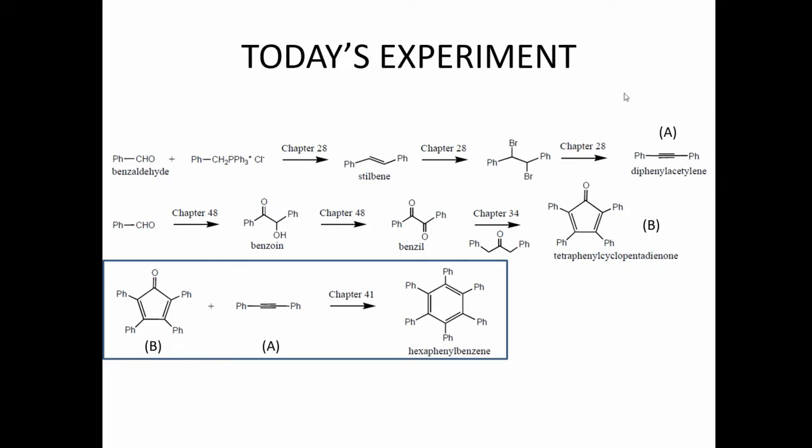In our first chain, we converted benzaldehyde to diphenylacetylene to make compound A. And in our second chain, we converted benzaldehyde to tetraphenylcyclopentadienone to make compound B. With these two compounds, we're going to combine them in our final experiment to make hexaphenylbenzene. So all of this is an example of a convergent synthesis.